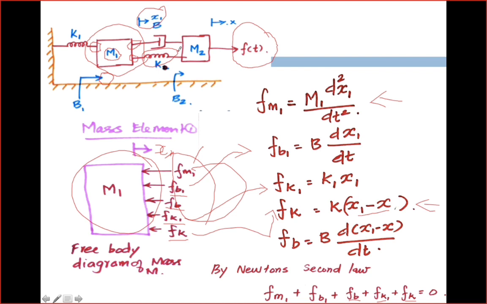All of you kindly listen. This spring and dashpot B are both common to mass elements M1 and M2. If they are common to these two, then you have to consider the displacements x1 and x2.